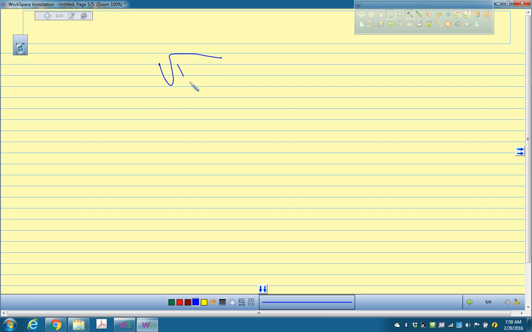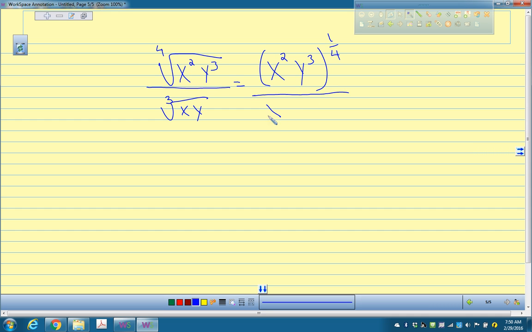X squared y cubed, the 4th root of that, over xy, the cube root of that. I'm going to rewrite this as x squared y cubed raised to the what power? 1/4. Then I'm going to rewrite this as xy to the what? 1/3.